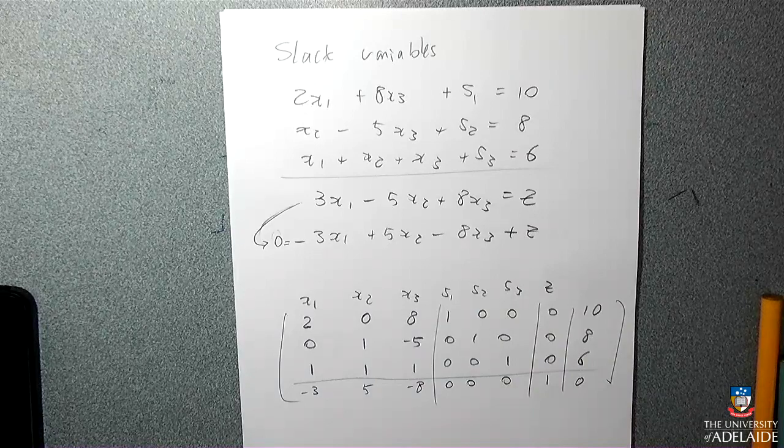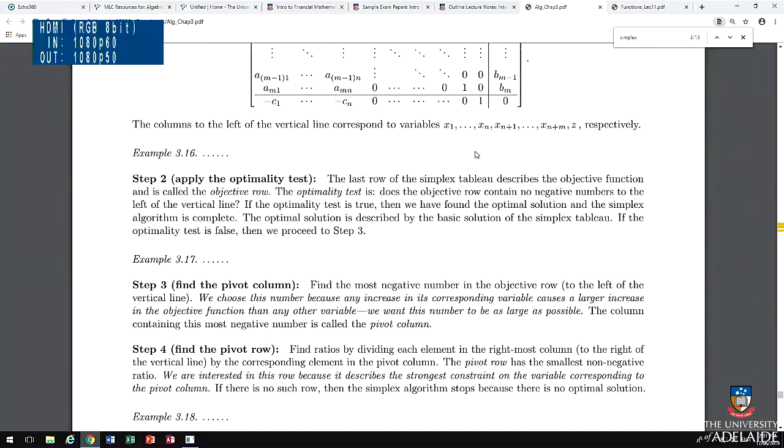So then let's see, what does it say? So I can set it up. And then it says, the last row of the Simplex Tableau describes the objective function. Sure. The optimality test is, does the objective row contain no negative numbers to the left of the vertical line? So we don't want any, this is the vertical line here.